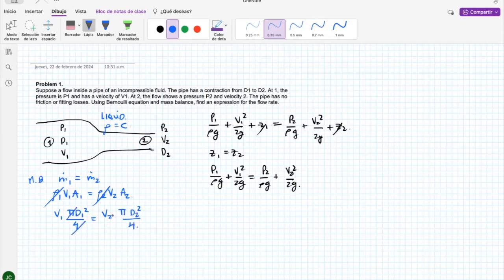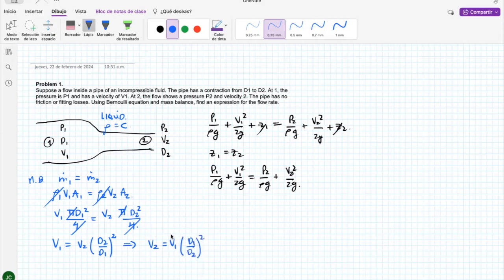Now, from this mass balance, you can see that the pi and the 4 just go out. Therefore, you have this expression: V1 equals V2 times a ratio of diameters, and these need to be squared. That's the way you can put velocity 1 in terms of velocity 2, or you can also put V2 in terms of V1 the other way around with the diameters.